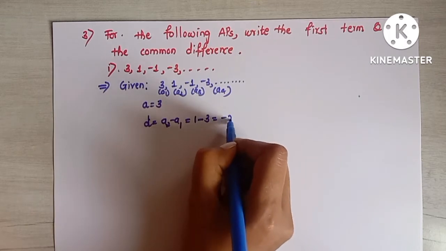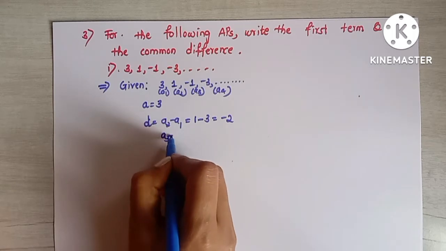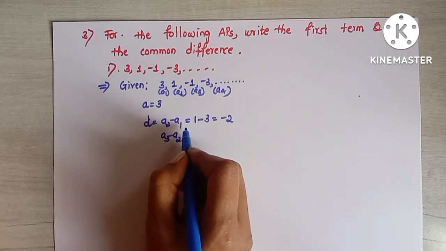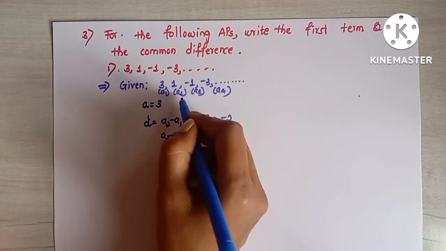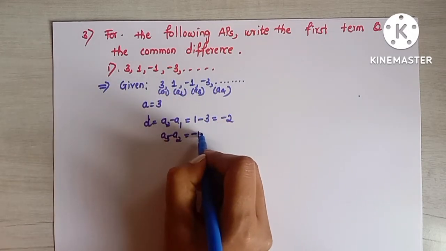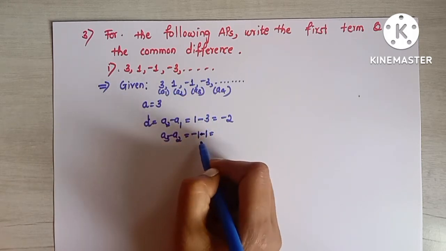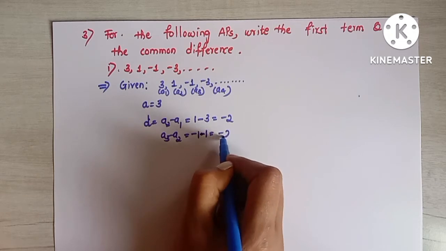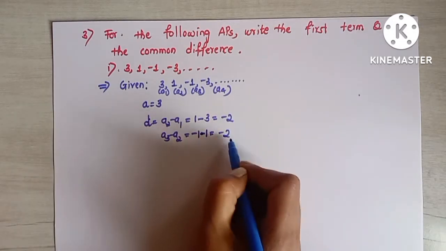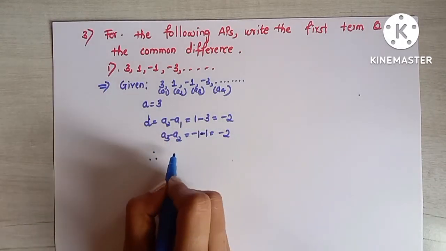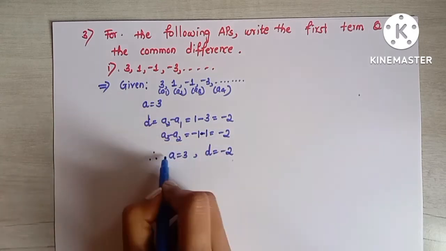Therefore it is minus 2. Next A3 minus A2. So A3 is minus 1 and A2 is, we have to put minus sign, that is 1. So minus 1 minus 1 is minus 2. Therefore here D is same. Therefore A is 3 and D value is minus 2.